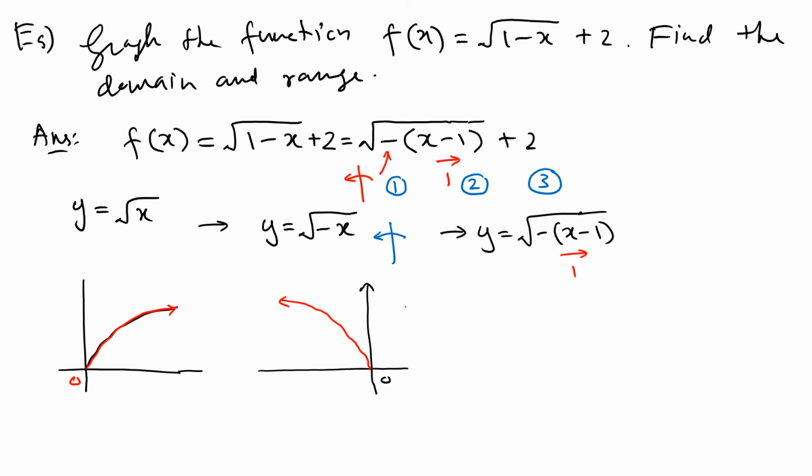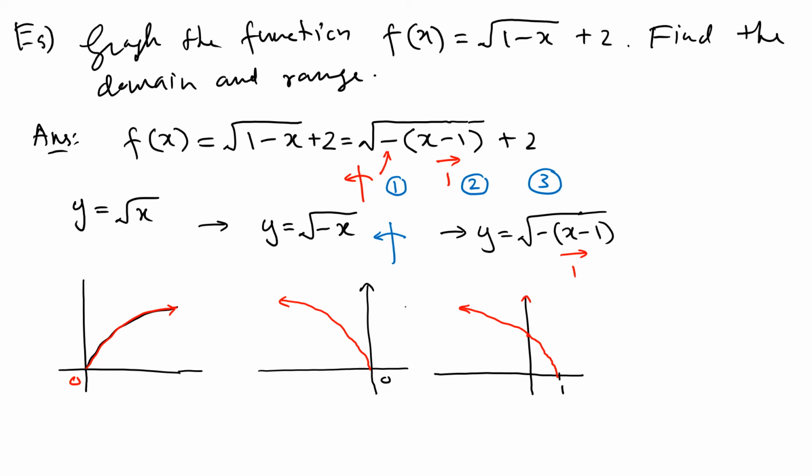So our new graph is going to look like this. Let's change this axis over there. We don't need too much space on this side. So what happened? 0 now jumps to 1. Okay, so the graph is going to go like that.